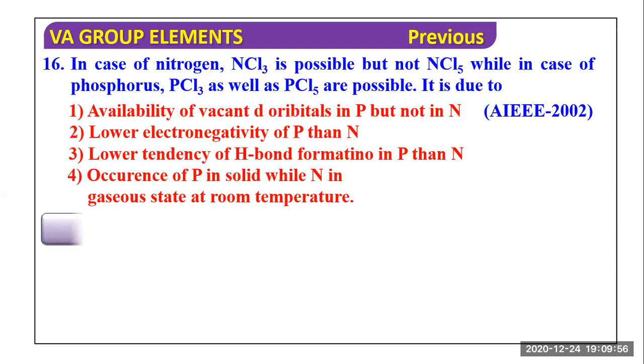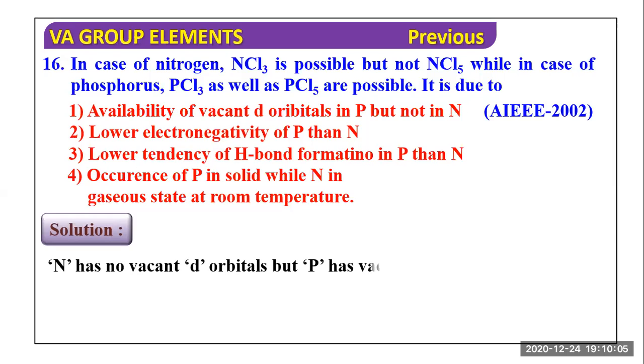No. The first one is the correct answer because nitrogen does not have any vacant d orbital, so it is unable to extend its valency. Do you understand, Hitesh? Yes, sir. Okay.